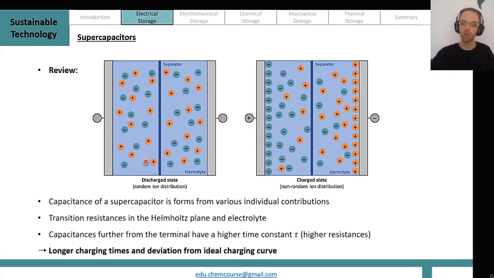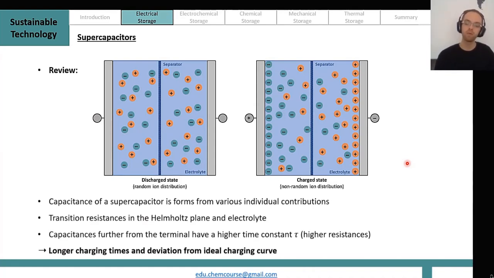If we have a charged state, we have a separation here, with our anions on the positive electrode and our cations on the negative side. The capacitance of a supercapacitor is formed by various individual contributions, as we've seen.